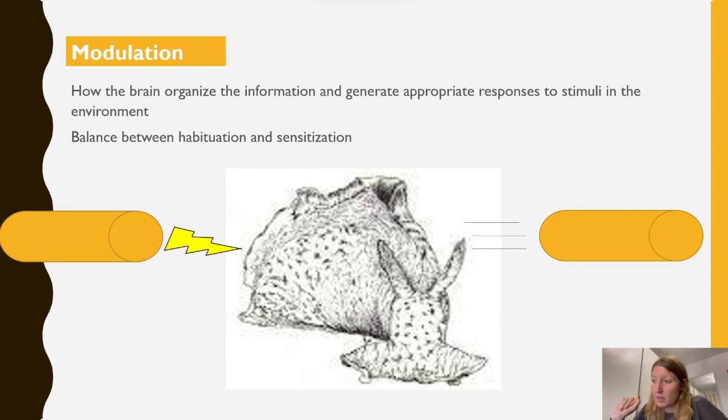With one of these snails, they gave it an electric shock, and to the other snail they gave just a puff of air. The one that was receiving the puff of air all the time was, at the beginning, reducing its size. The second puff, a little bit less, then another puff, a little bit less, and then it got used to it. So it produced a habituation to the air.